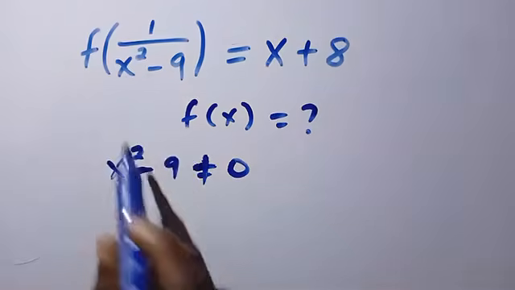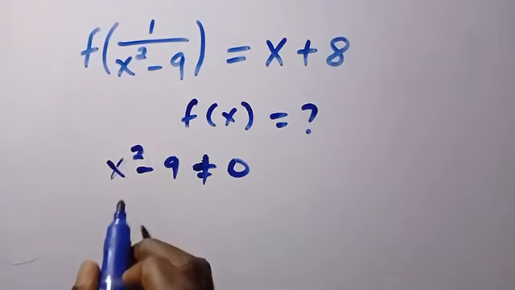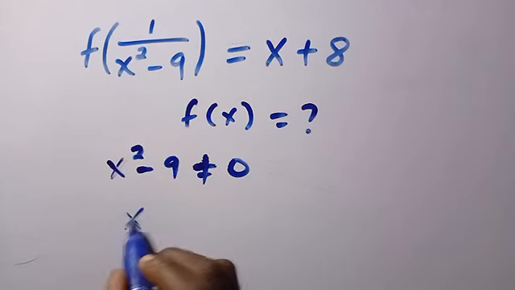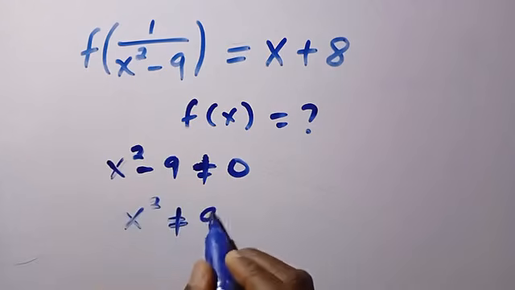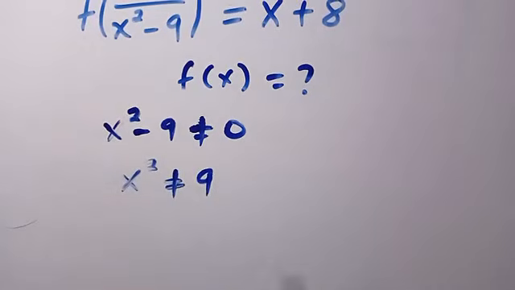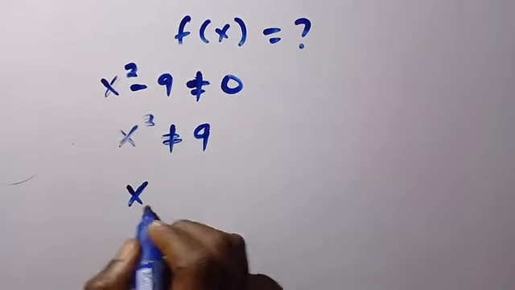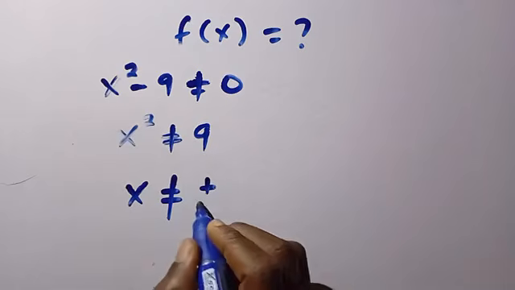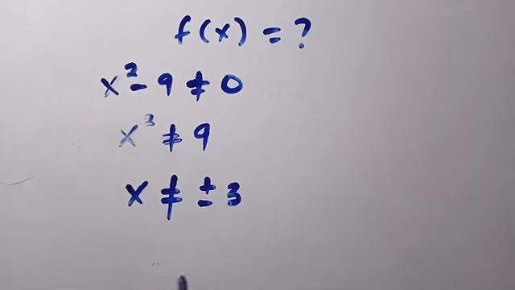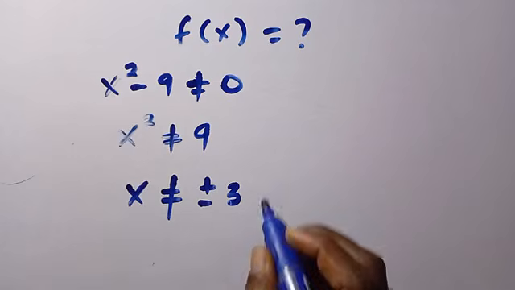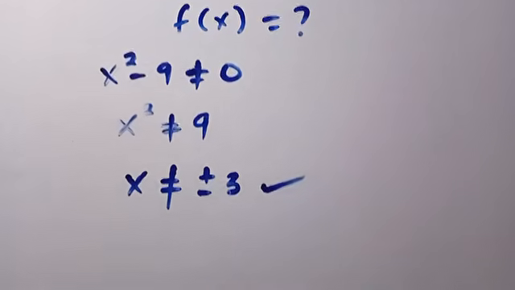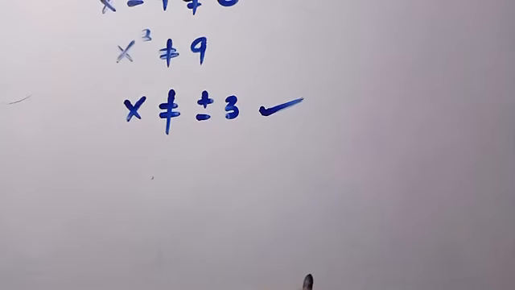So the domain here must be such that x squared is not equal to 9. If x squared is not equal to 9, then we take the square root of both sides, which shows that x must not equal plus or minus 3. If you plug positive 3 into that function, it is undefined. And if you plug in negative 3, that is also undefined. So we have to know this condition before we start solving. So since we know this, let's solve.